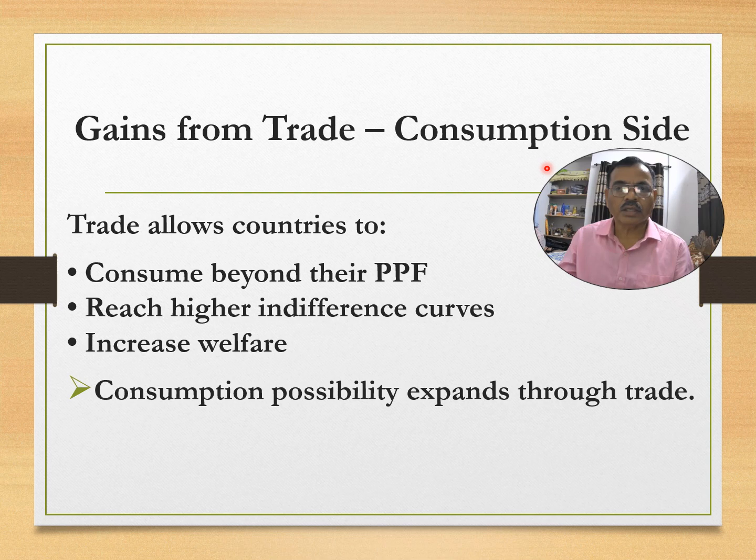However, under trade, countries can consume beyond their production possibility frontier. They produce one good and exchange it for another. This allows them to reach a higher community indifference curve. In simple words, trade expands consumption possibilities and increases welfare.